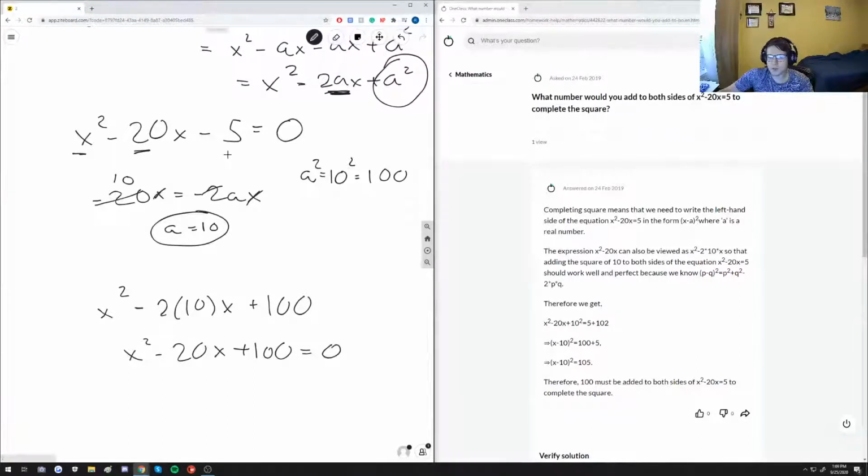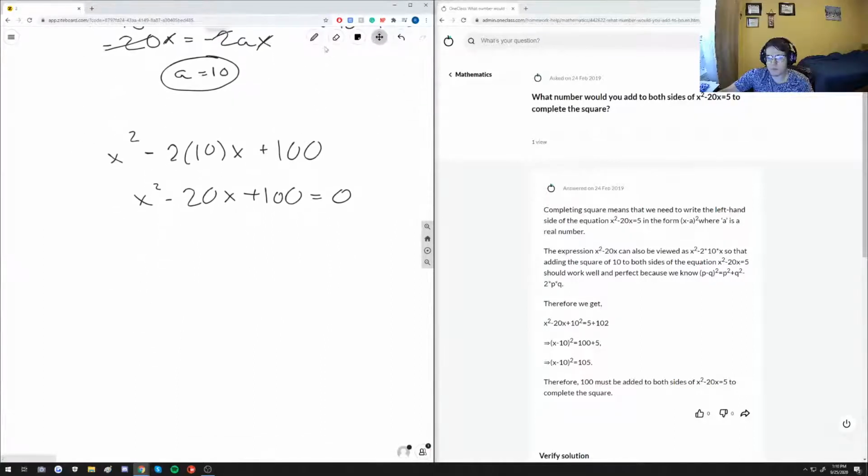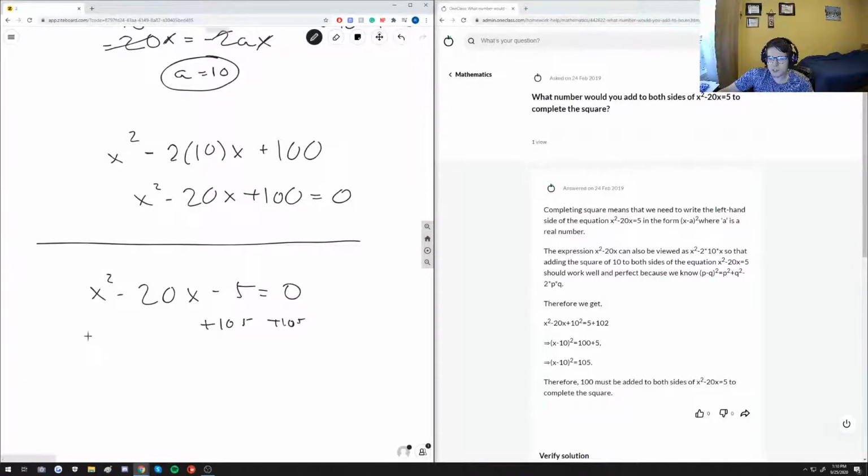So how do we get from this equation to this equation? We just add 105 to both sides, right? I know I'm jumping between equations here, but this is our original. If we add 105 to both sides, we get our desired equation.